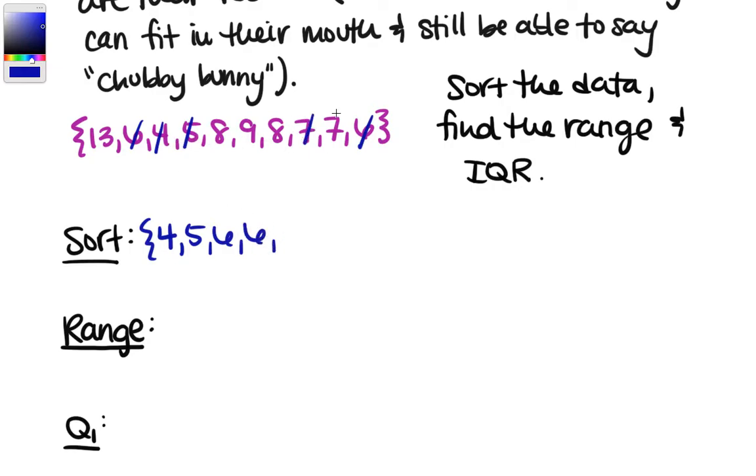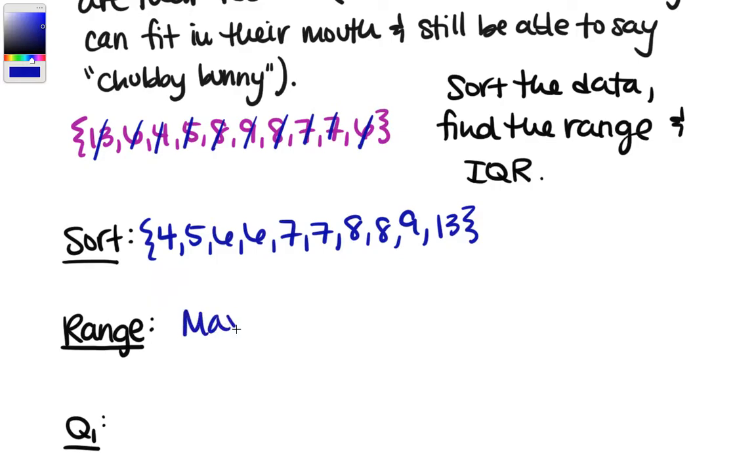And then we've got 7, 7, 8, 8, 9, and finally 13, the one very talented Chubby Bunny player. Okay, so range, remember, is max minus min. So our range here, the max is 13 and the min is 4. So our range is 9.